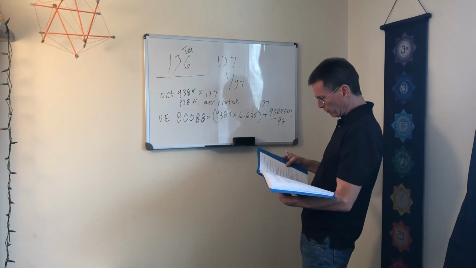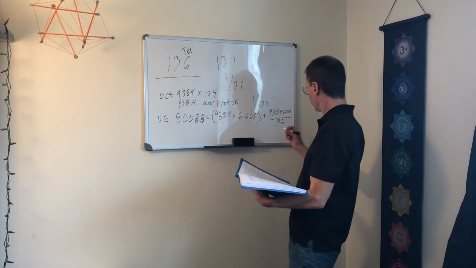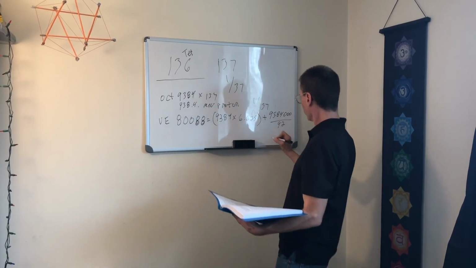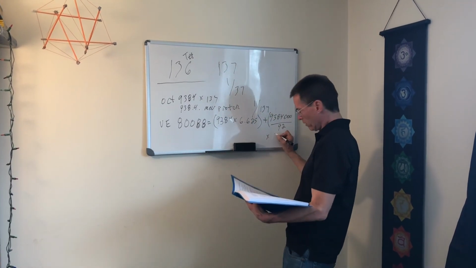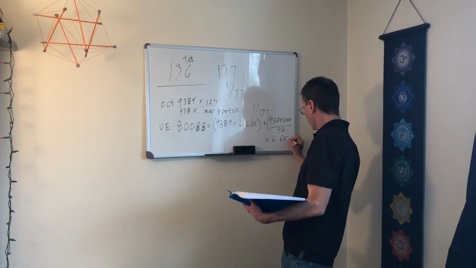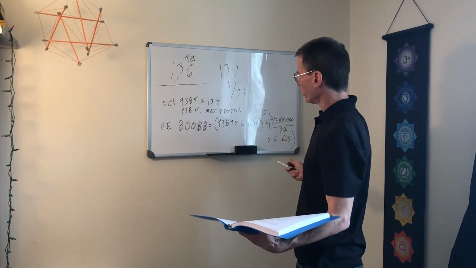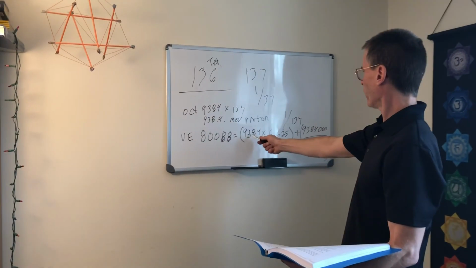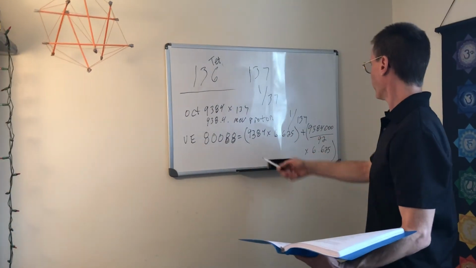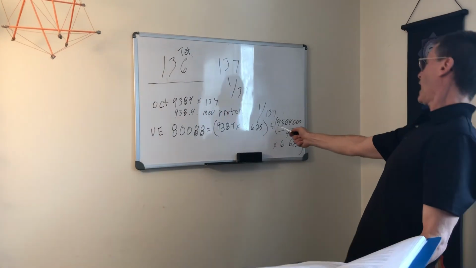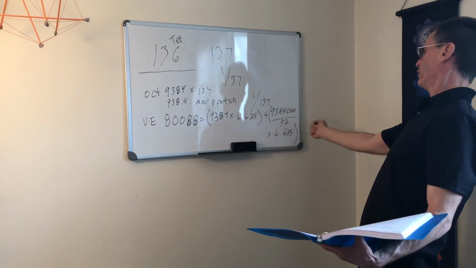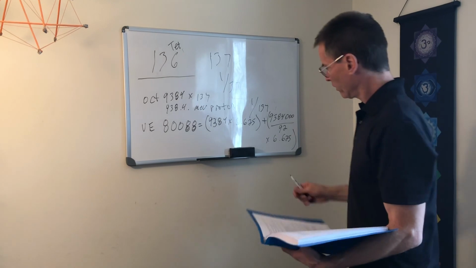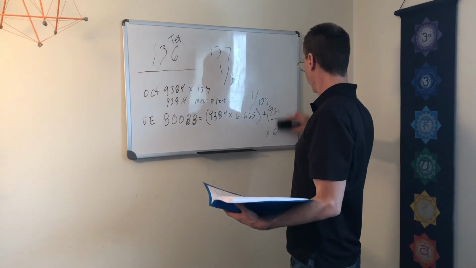I know that could be debatable, but 92 of them. Times that by, once again, Planck's constant. Now that's strange, isn't it? That you bust up this tetrahedron, you got a vector equilibrium with it, and it's got 9,384 times 6.625 vectors plus 9,384,000 divided by 92 times 6.625. I went ahead and investigated further.